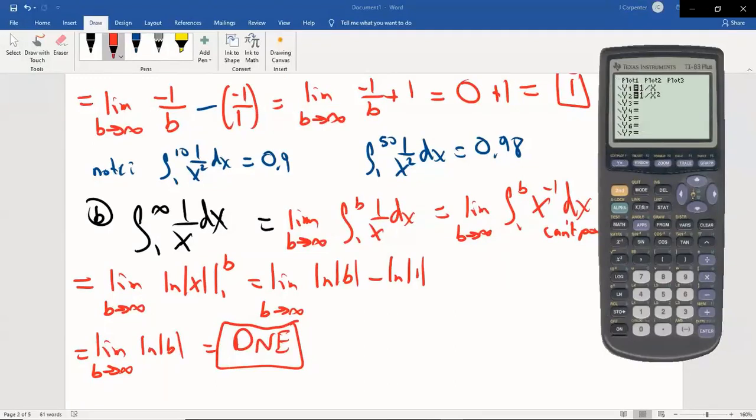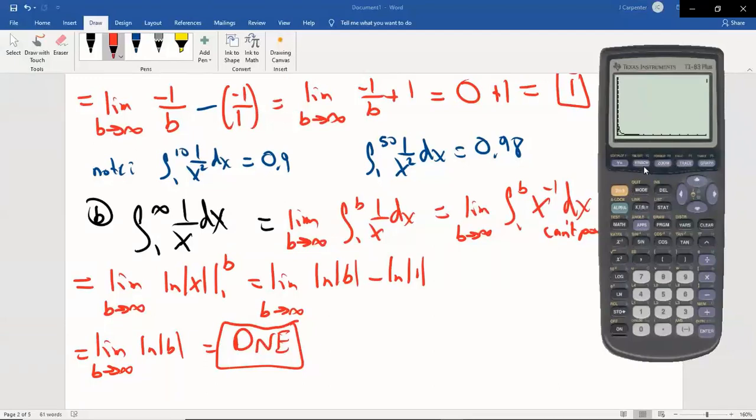All right, let me get rid of the 1 over x squared. Let's go back to that normal window from before with a y maximum of, say, 10. Actually, we did 50 the first time, so let's go to 50. So, second, calculator. Let's go to the integral. Lower limit, let's do from 0 to 10. 0, enter. 10, enter.